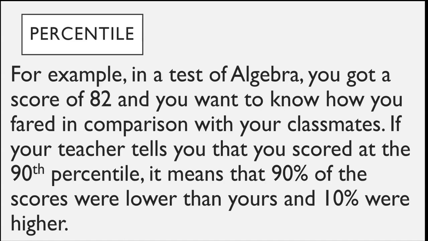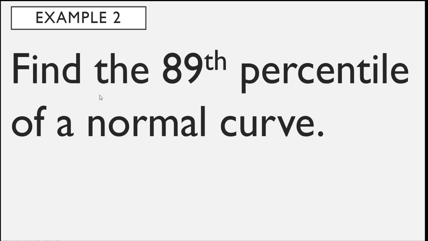If your teacher tells you that you scored at the 90th percentile, it means that 90% of the scores of your classmates were lower than yours, which is lower than 82. And the remaining 10% were higher than your score, that is 82. That's what percentile means.